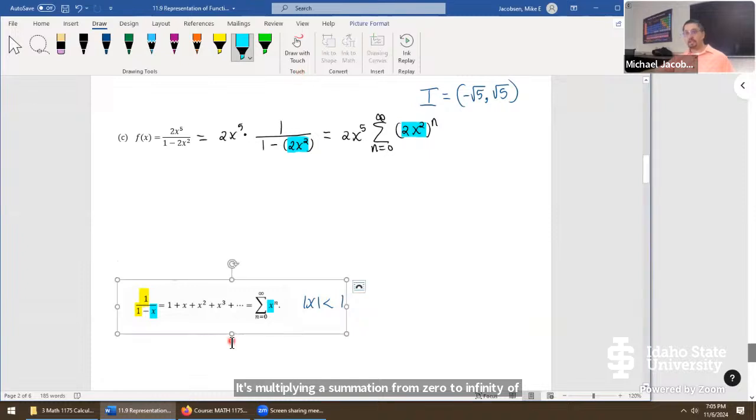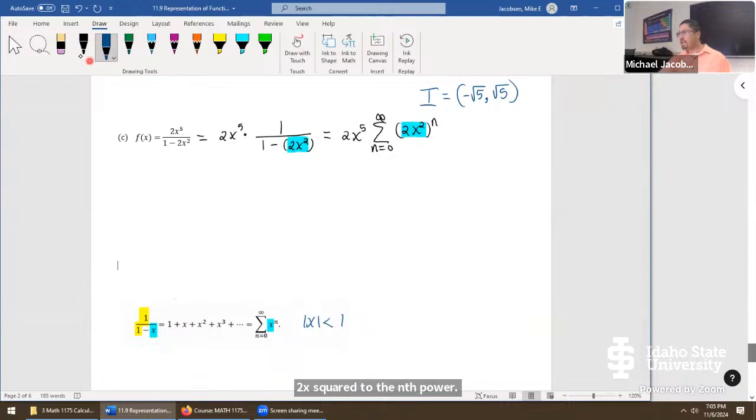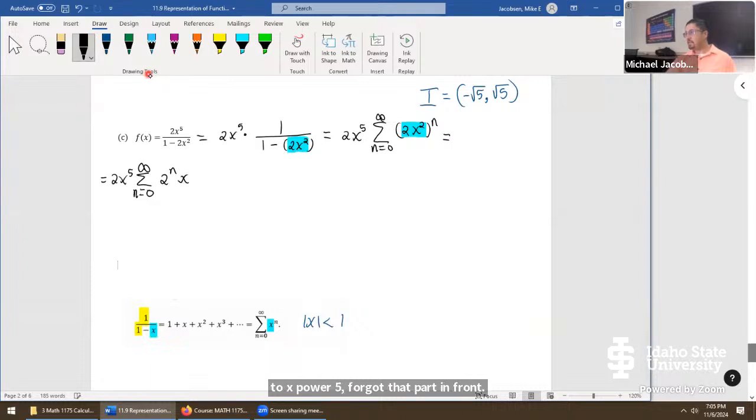At this stage, we're pretty much done with this as a formula. But let's start simplifying this a little bit more. It turns into, on the next step, a summation from 0 to infinity of 2x to the 5th, forgot that part in front. We get 2 to the power of n, x to the power of 2n as we distribute the exponent into this factor, or into that product.